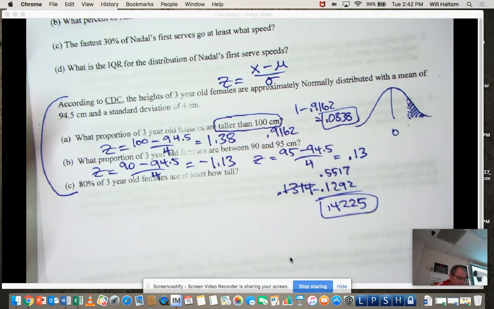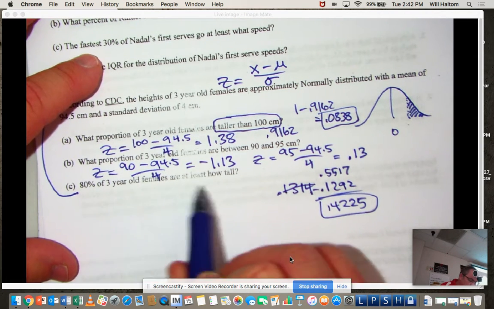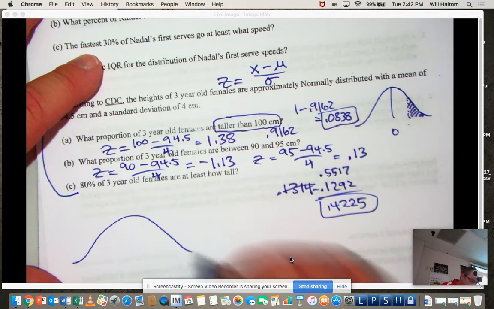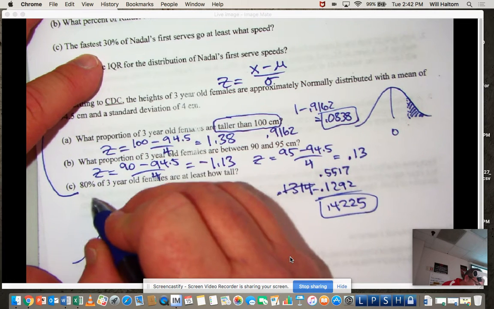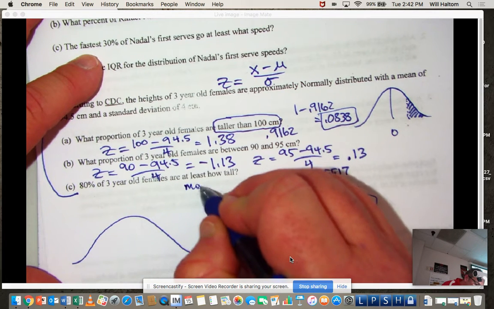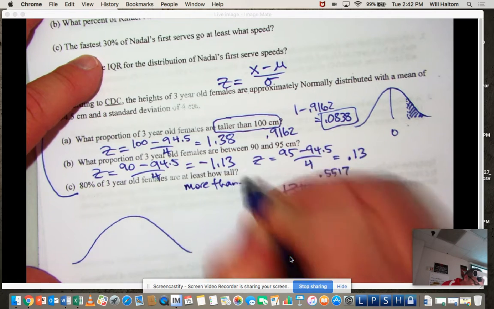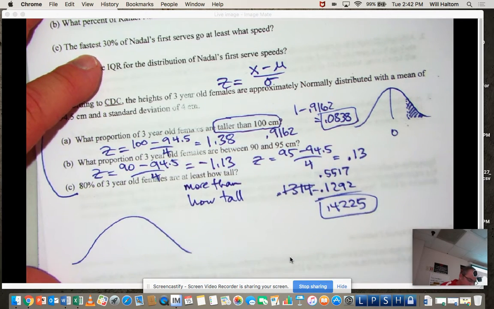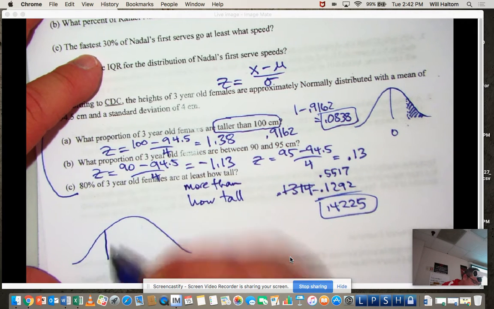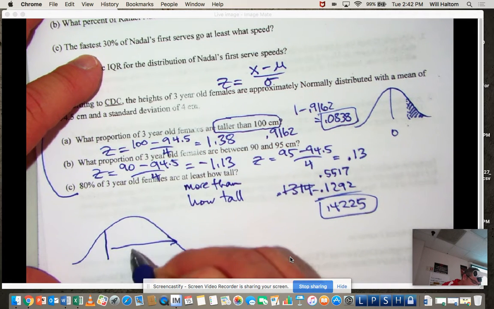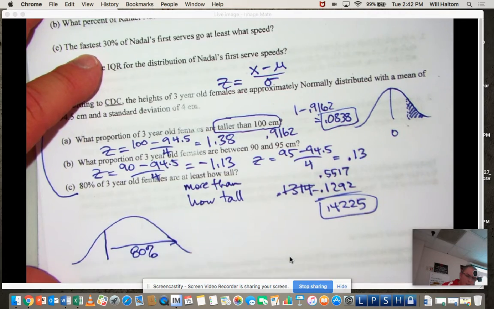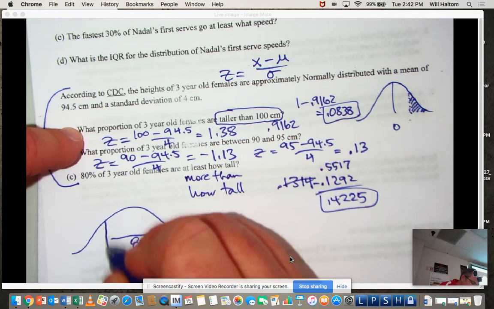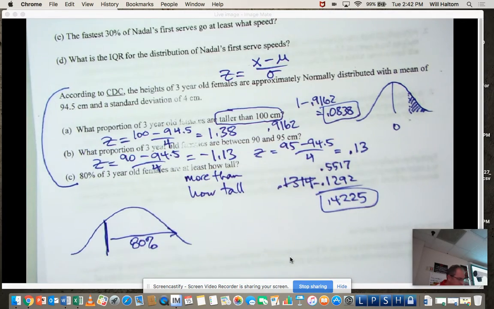All right, now last question says 80% of 3-year-old females are at least how tall? So that means 80% of them are more than how tall? So that means over here is 80%. So what z-score corresponds to 80%?